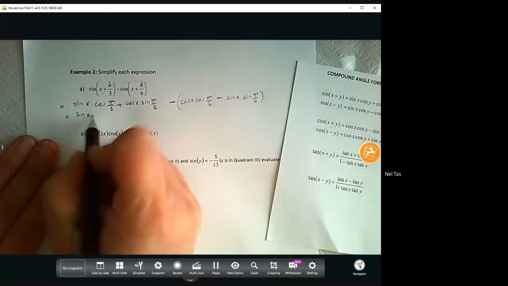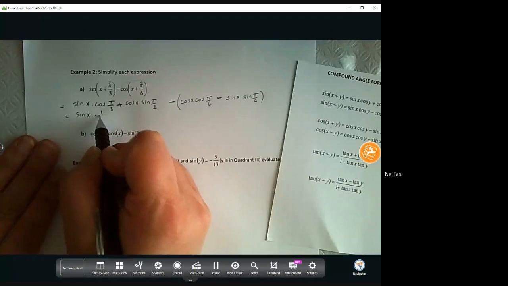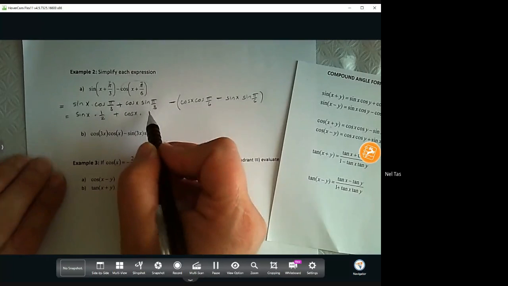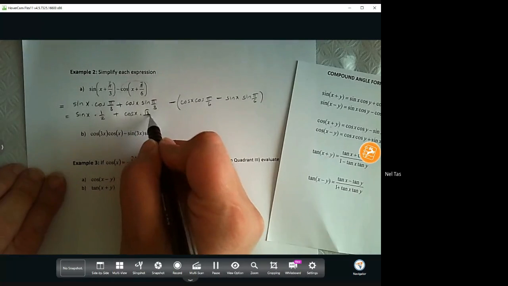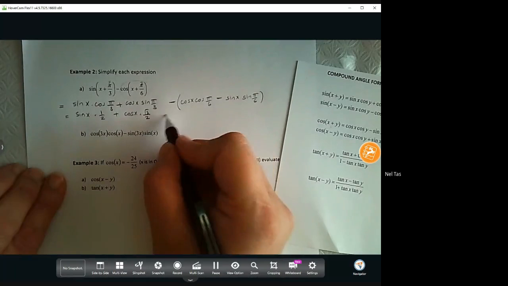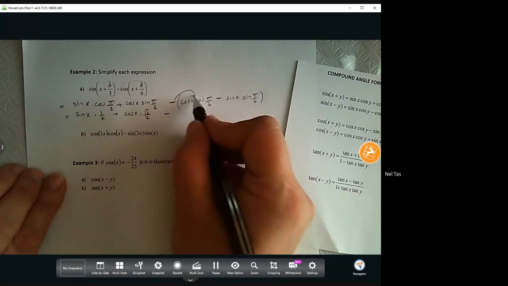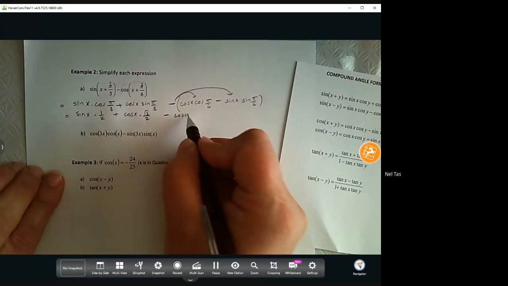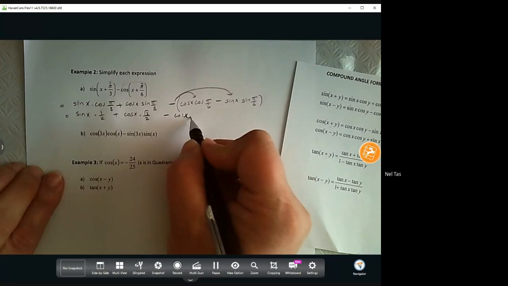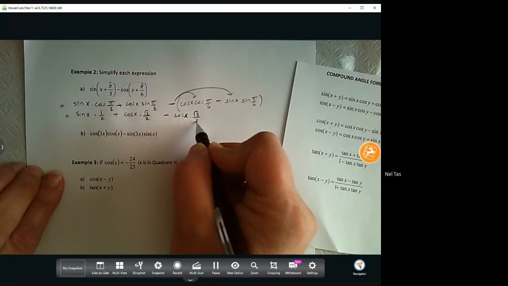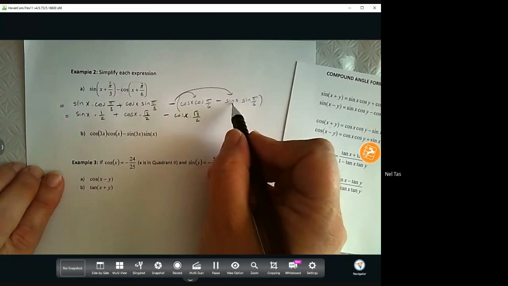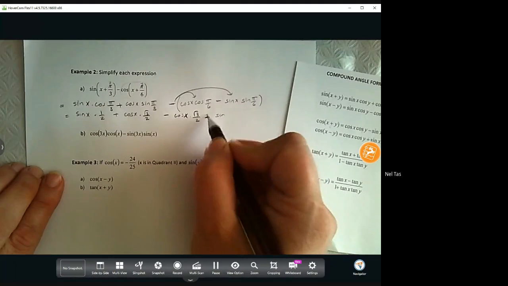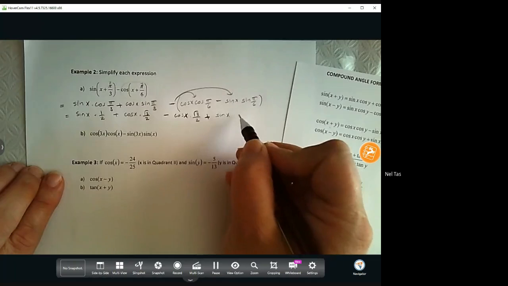Sine x times cosine pi over 3 is 1 over 2 plus cos x times sine pi over 3 is root 3 over 2, minus, and at the same time now we are going to distribute the negative sign, cos x times cosine pi over 6 is root 3 over 2. And then sine x times, distributing the negative sign, plus sine x times 1 over 2.